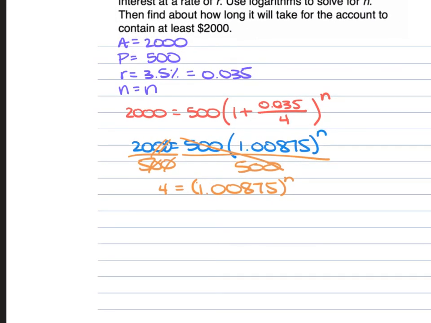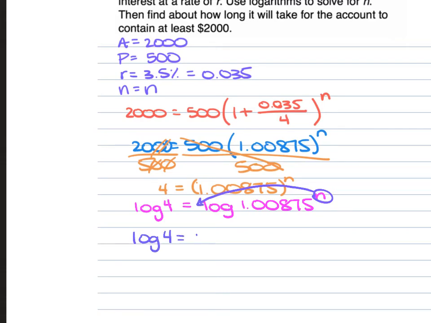So this is going to turn into log 4 is equal to log 1.00875 to the power of n. That n would actually go in front of the log. So we have log 4 is equal to n times log 1.00875. To get n by itself, we're going to divide each side by that log 1.00875.